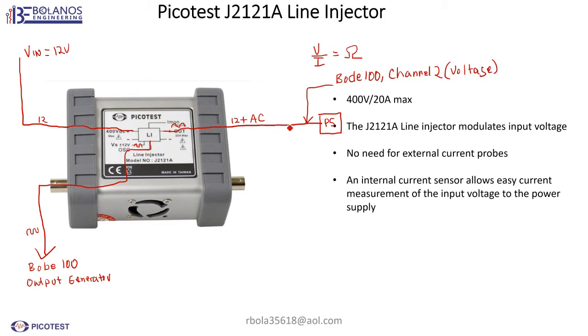Okay, and typically you would put an external current probe, but in this case you don't need an external current probe, because there's one already built in. That's what makes the J2121 special. It's got this current probe already connected in there, which makes the measurement much easier. Basically, that current probe, the output comes out through this BNC on the right side.